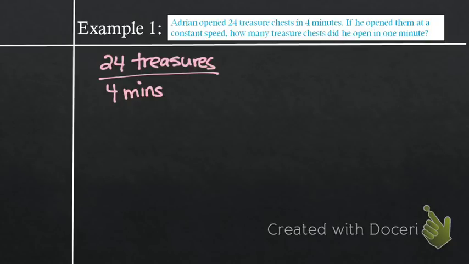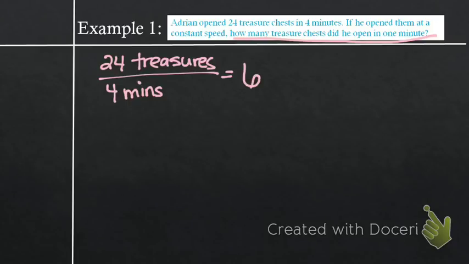When we want to get to a unit rate, we want units to 1. So we want our denominator to be 1. If we look at our question, it says how many treasure chests did he open in 1 minute? This is pretty much simple dividing. We know 24 divided by 4 is 6.